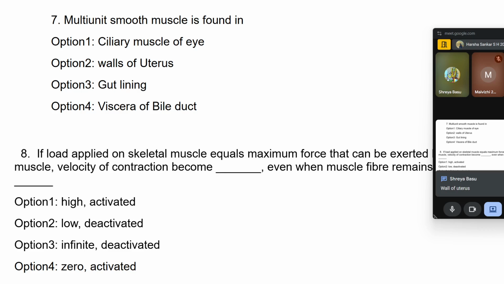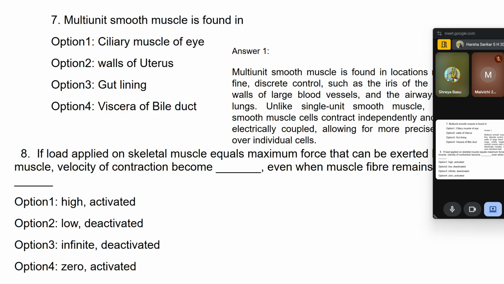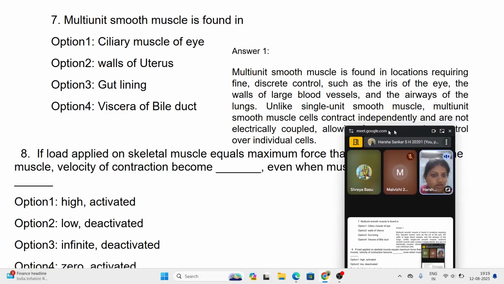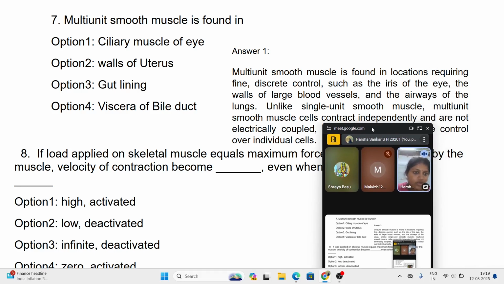So usually where we can see multi-unit smooth muscle, they are like more control needed parts. So in the ciliary muscle of the eye, light is coming, right? So pupil is dilating. So we need more control over there. That's why multi-unit smooth muscle is present. They are present in locations requiring discrete control.